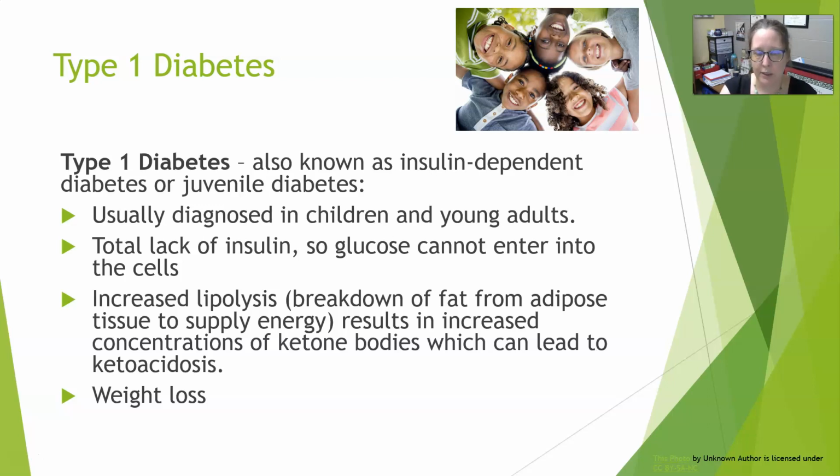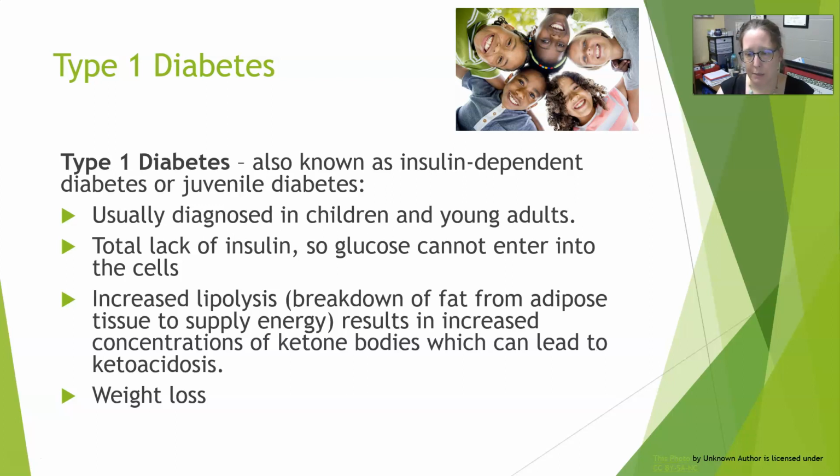With no insulin, glucose cannot enter into the cells, so the cells have to produce ATP using fatty acids, burning fat as fuel, and that produces ketones and ketone bodies. If too much of them accumulate, then the blood gets really acidic, and that can become life-threatening.